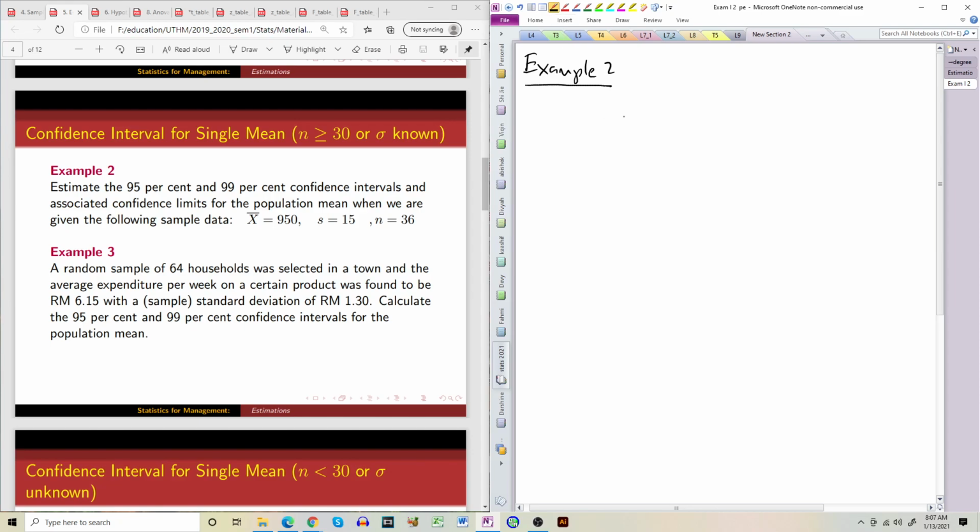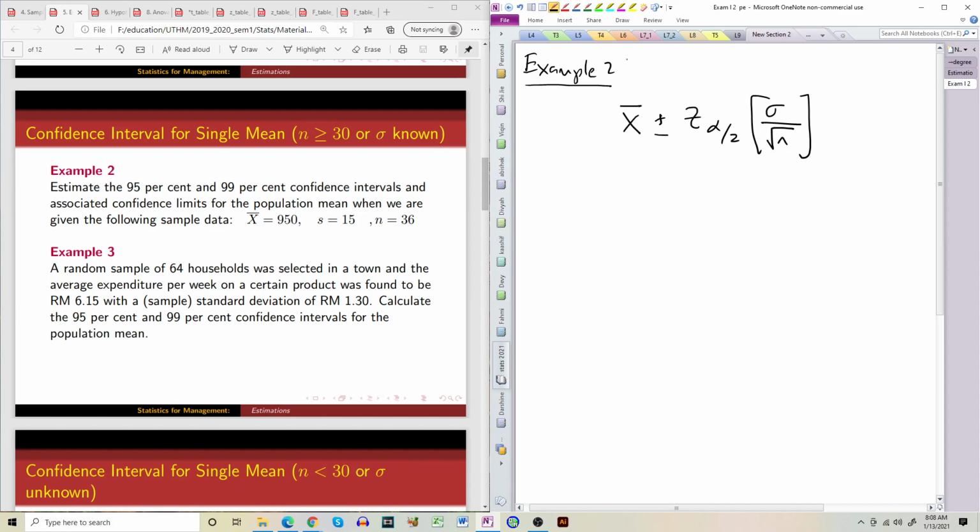The formula for that is x bar plus minus z alpha over 2 times sigma over root of n. So this is the formula for us to find the confidence interval. In other words, the estimation for the mean of the population.